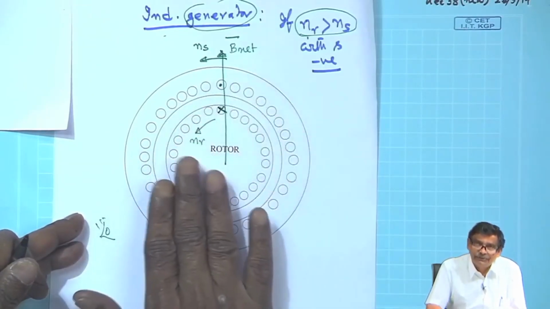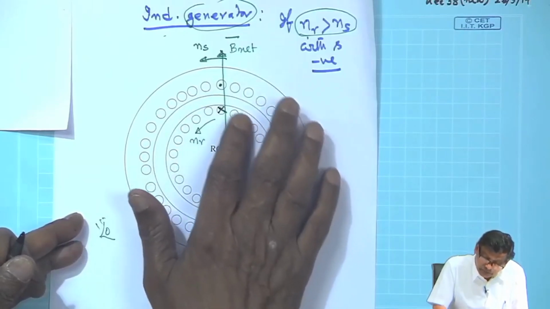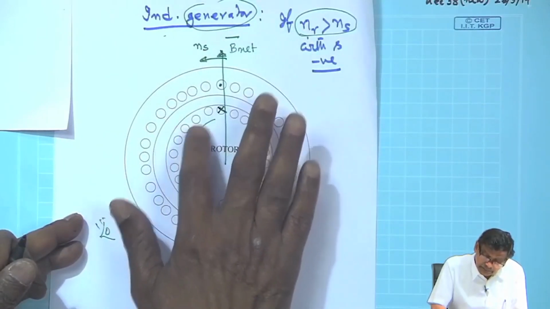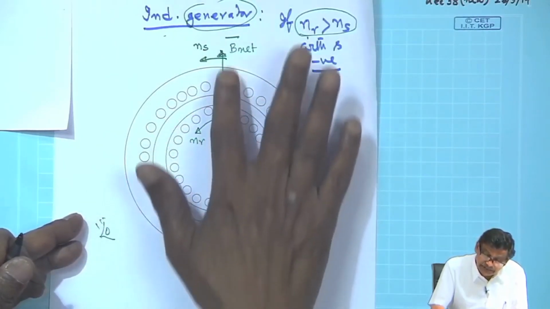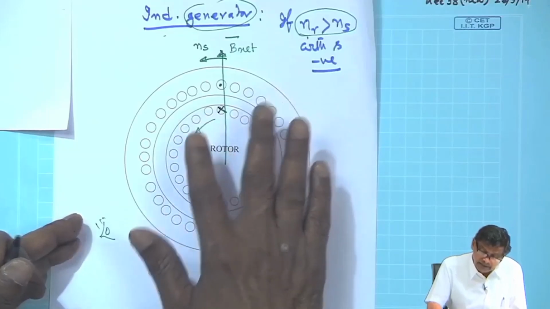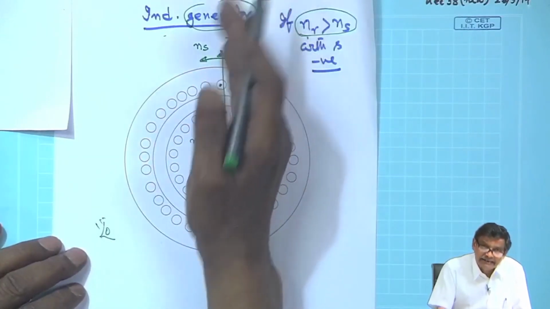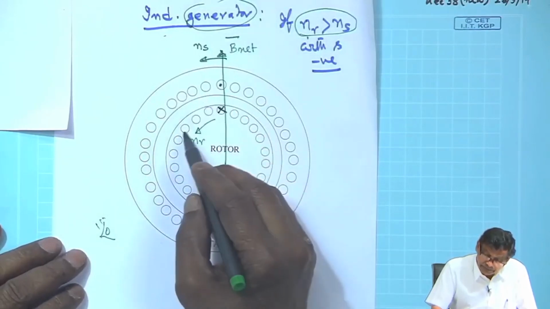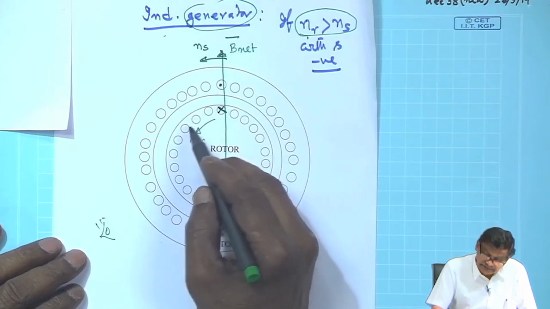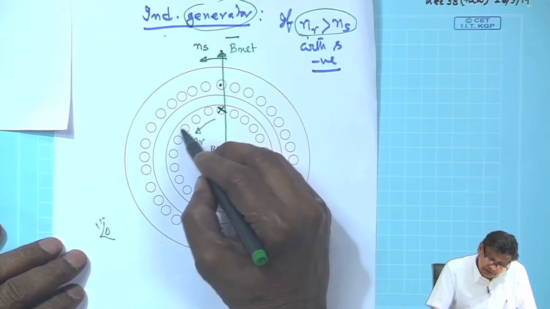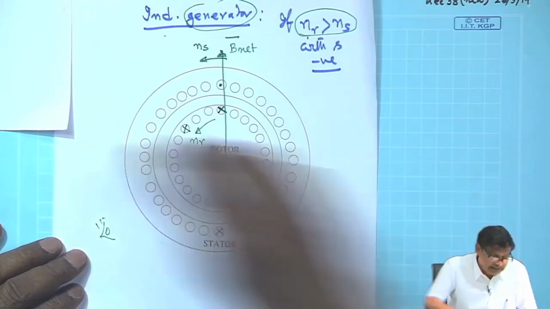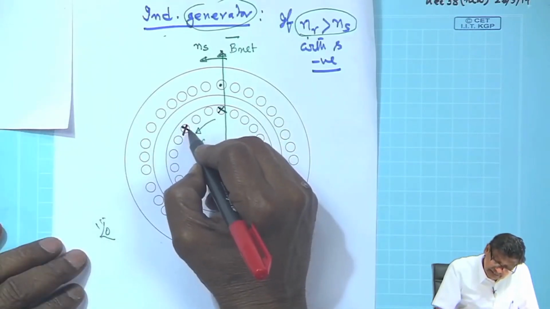Are you getting this? This is the most interesting part, because this conductor is moving with n r, n r is greater than n s. Therefore, some conductor here on the left hand side must have seen the maximum induced voltage, and therefore when it is here, it is a lagging power factor current. So, it will have maximum current in this. Therefore, the current polarity will perhaps be here. Is that clear? This is the current maximum.